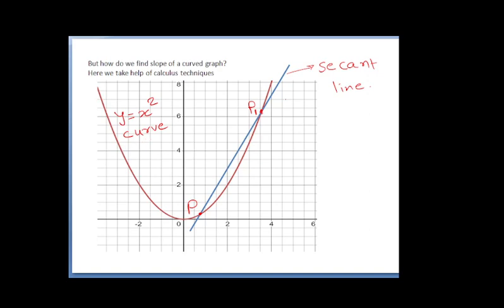Now we draw a secant line, which passes through point P and P1. This is point P1, this is point P. It intersects the curve at point P and at point P1, and this line is known as the secant line.